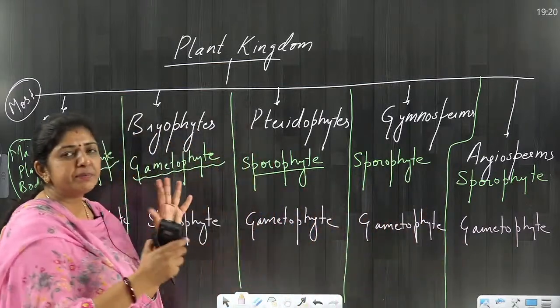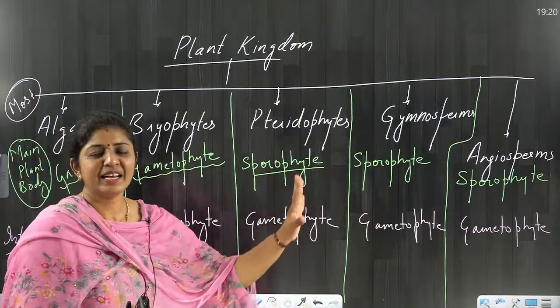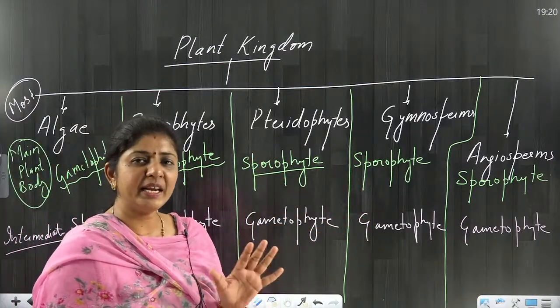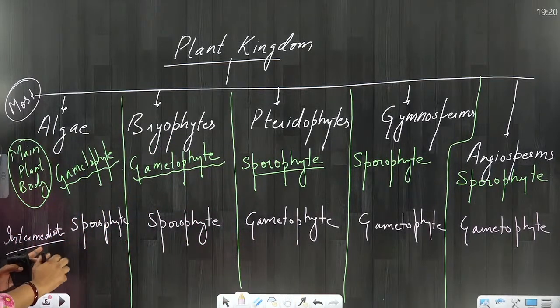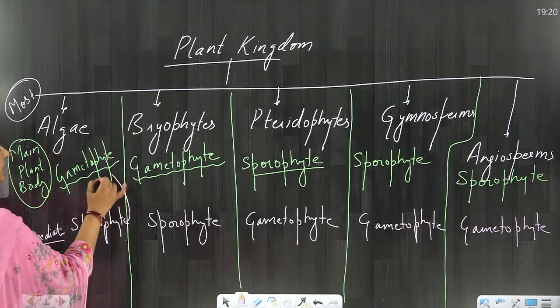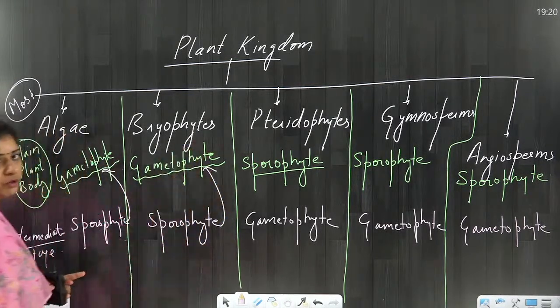Now who depends upon whom? Obviously, what I have written in green, that is photosynthetic and independent. What I have written as the intermediate stage depends upon the main plant body. Here the sporophyte depends upon the gametophyte, and here too the sporophyte depends upon the gametophyte.